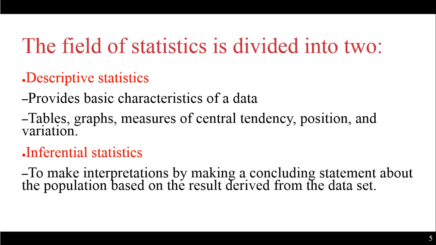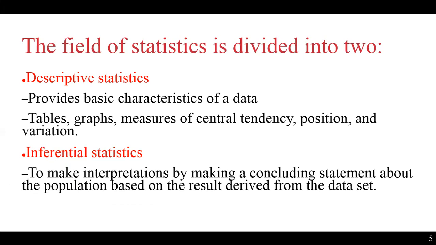Inferential statistics is to make interpretations by making a concluding statement about the population based on the result derived from the data set. Now, measures commonly used in inferential statistics include analysis of variance, that is ANOVA. We also have the t-test.